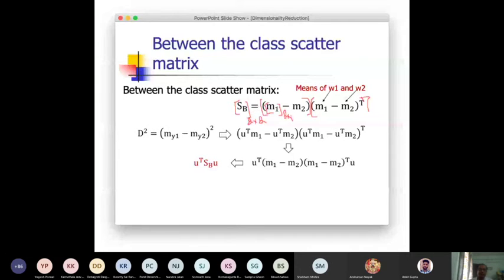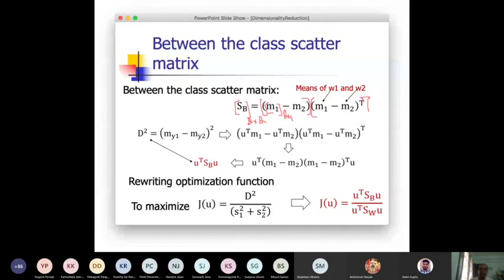Another is the between-class scatter matrix, using the square of distances of the means. So I can write the optimization function in a nice compact form, which looks very similar to each other: U transpose SB U in the numerator, U transpose SW U in the denominator. I hope the definitions of the between-class scatter matrix and within-class scatter matrix are very clear to all of you.